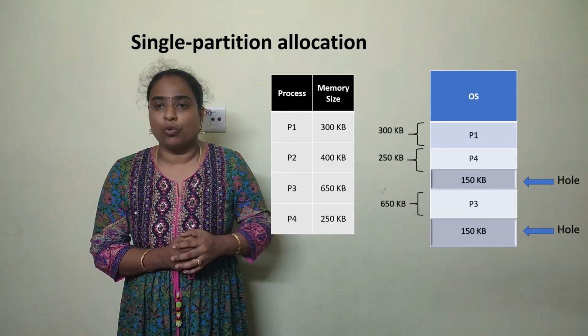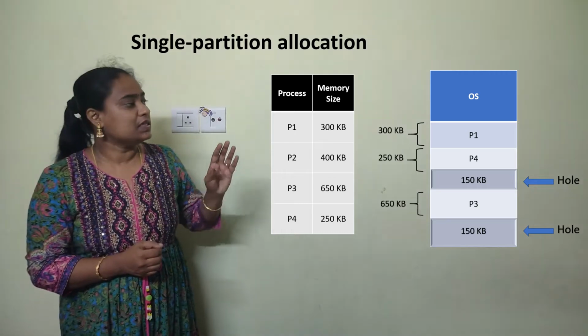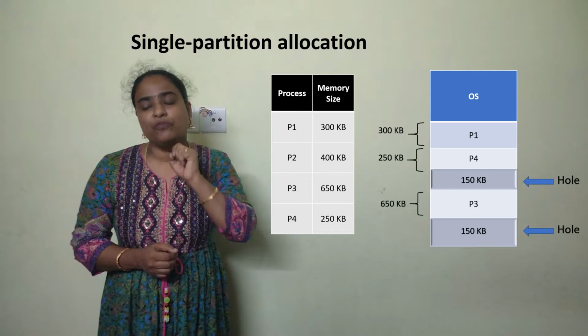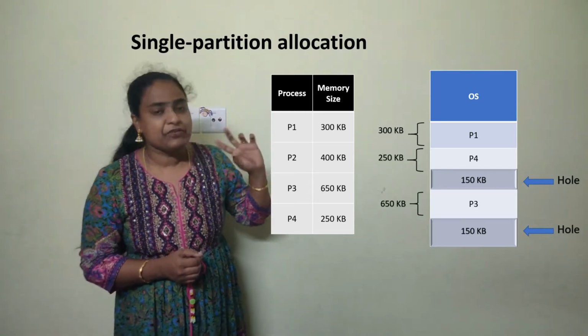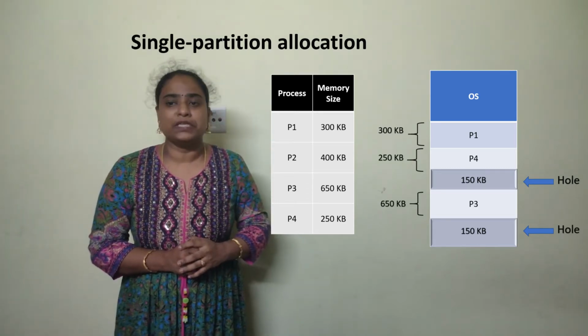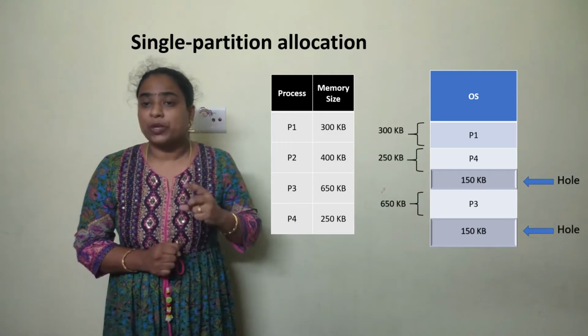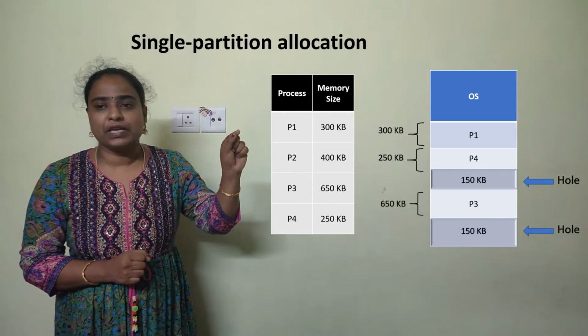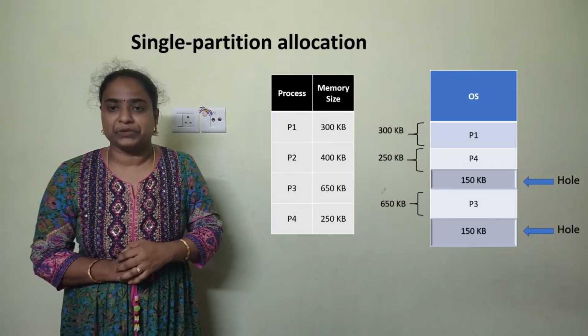That is what we call a hole. So 400 KB can be allocated to P4. P4 will occupy 250 KB, which leaves one more hole of 150 KB. So now we have two small free memory holes, 150 KB each.